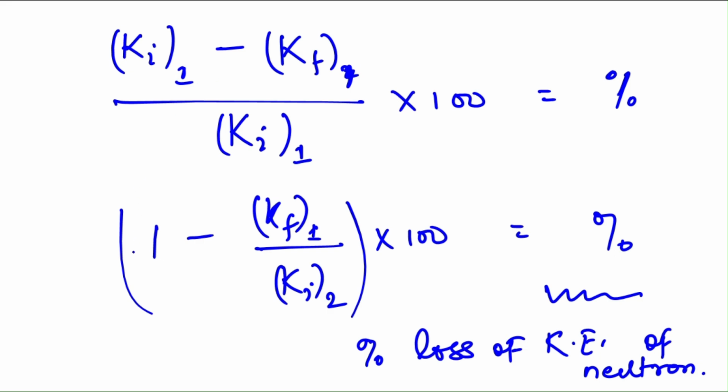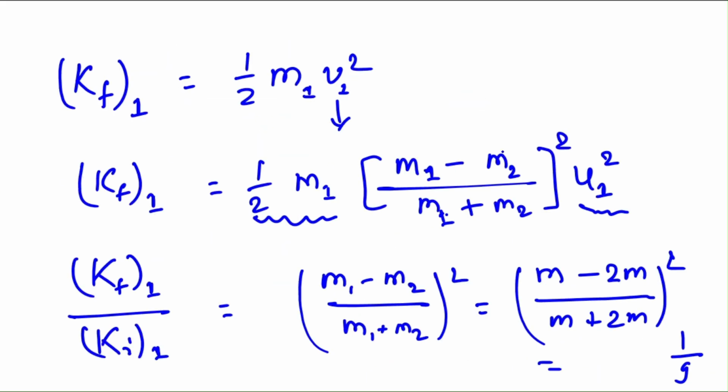Okay, you can do it for carbon by yourself. The only thing you need to change here is the mass of this second body. In case of deuterium nucleus, it is twice the mass of neutron. In case of carbon, it will be 12 times. Okay, you try that by yourself.